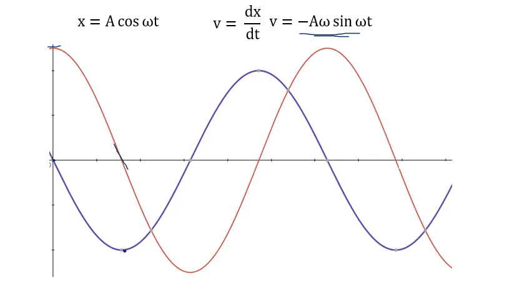Now, what about acceleration? You remember that the gradient of a velocity-time graph tells you the acceleration. So this is our velocity-time graph, the purple one. Acceleration there is a negative maximum. Acceleration there is 0. Acceleration there is a positive maximum.